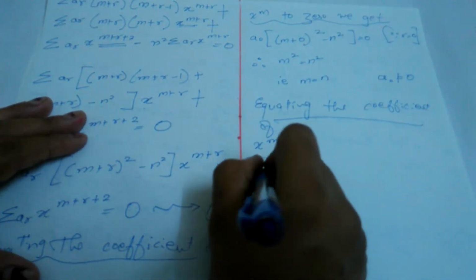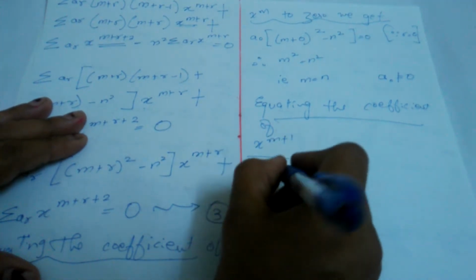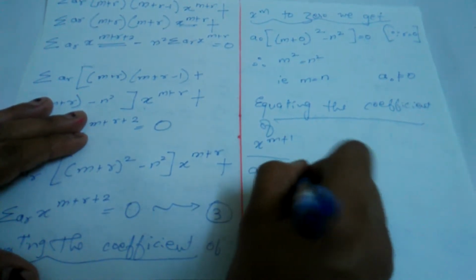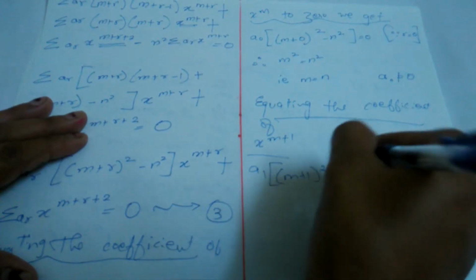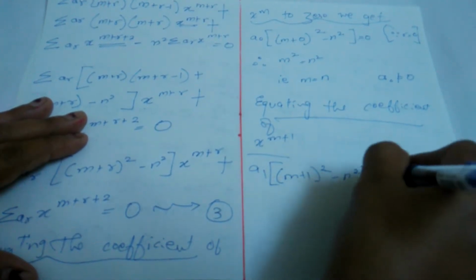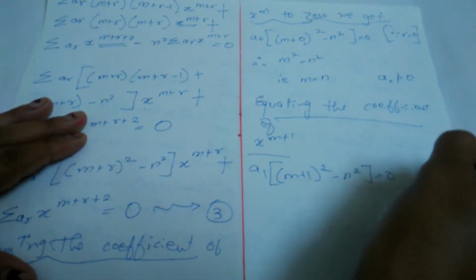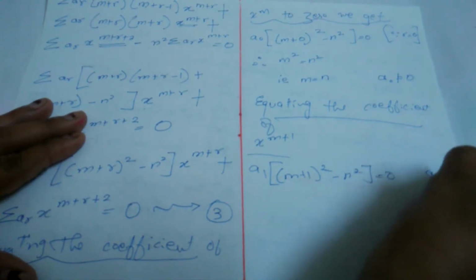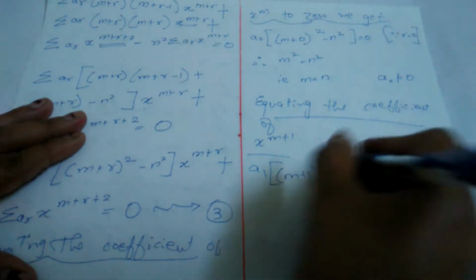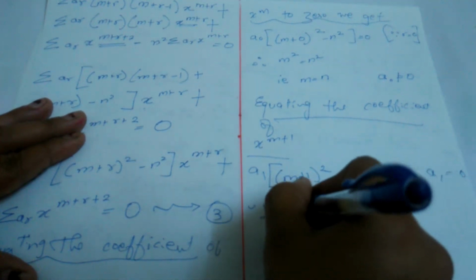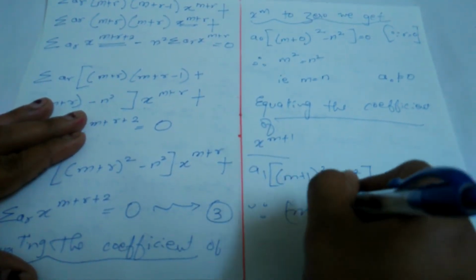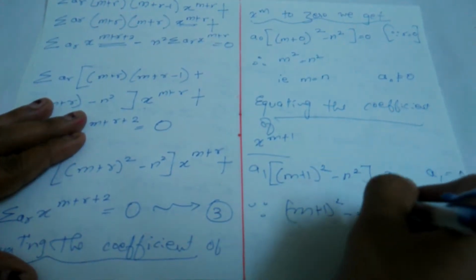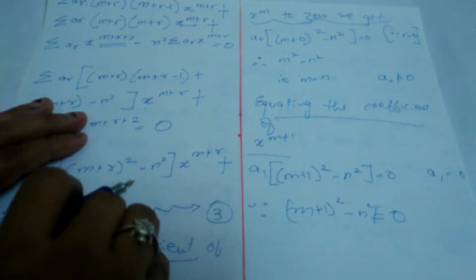So that is a1 into bracket m plus 1 the whole square minus n square, which is equal to 0, and in this case a1 is equal to 0, but this inside term, that is m plus 1 the whole square minus n square, is not equal to 0.